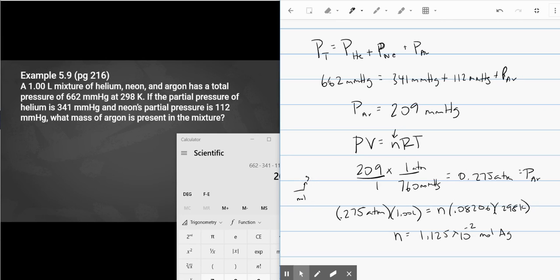So we need to go moles to grams. We're going to take our moles, 1.125 times 10 to the negative 2 moles argon over 1. 1 mole of argon has a mass of, you look up the molar mass on the periodic table, 39.95 grams of argon per mole, and we get 0.449 grams of argon in this sample.